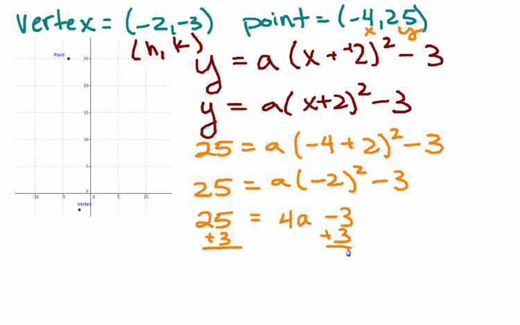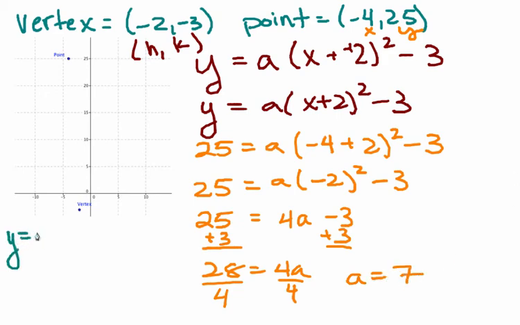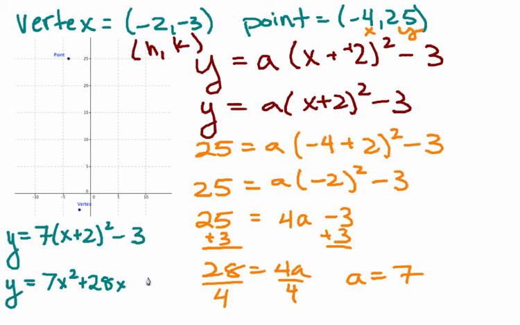We'll add 3 to both sides, 28 equals 4a, and dividing by 4 on both sides gets us that a is equal to 7. So in vertex form, our equation is y equals 7 times the quantity (x plus 2) squared minus 3. And in standard form, that comes out to 7x squared plus 28x plus 25.